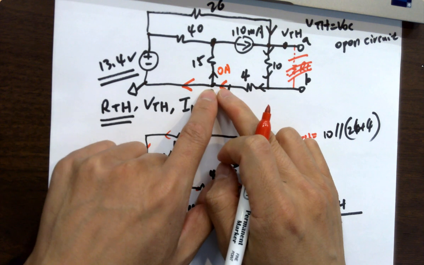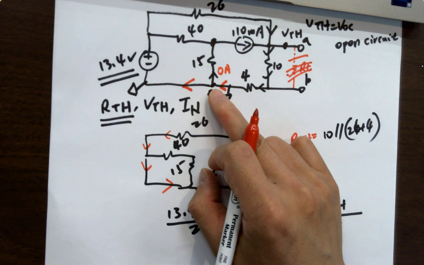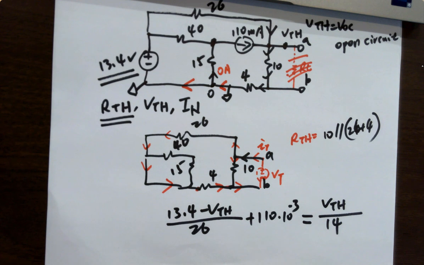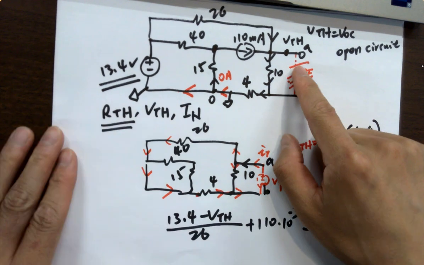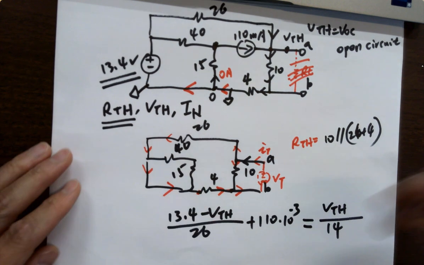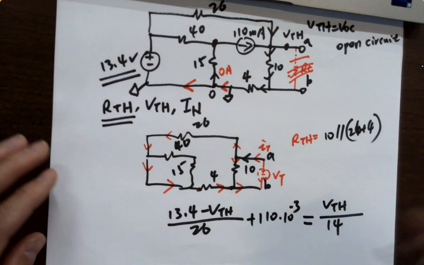Otherwise, you have 3 branches connected to this node. Confusing? Just use KCL, right? But we don't care about that anyway because we know VTH already. We know we are done.